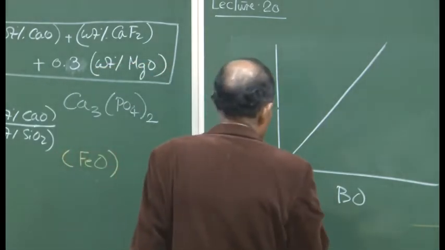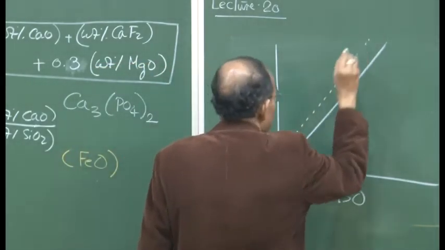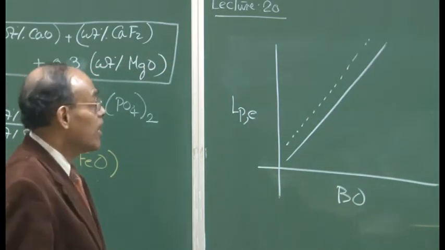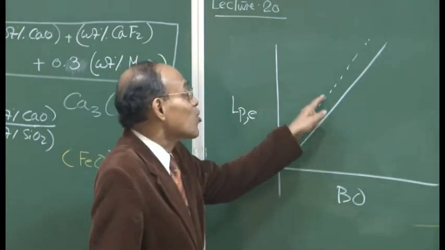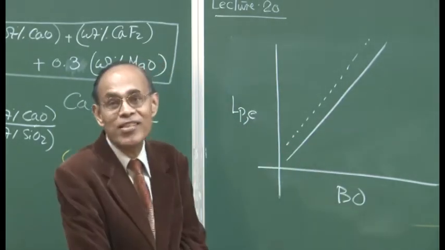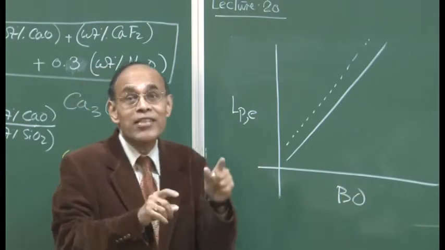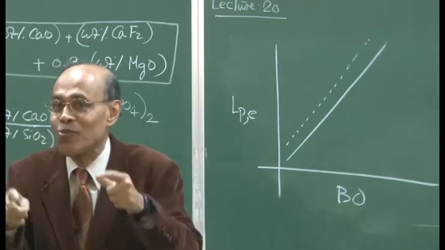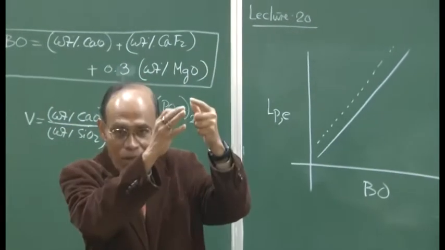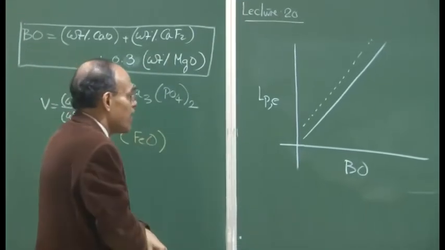Then you have a second line here, and what is your understanding, if I say that these two lines correspond to two different temperatures, which one is at higher temperature and which one is at lower temperature? We are not talking about 100 or 200 degrees, we are talking about 1690 degrees versus 1600 degrees centigrade. That is the definition of low and high temperature.